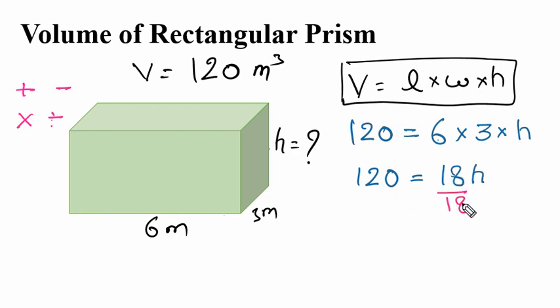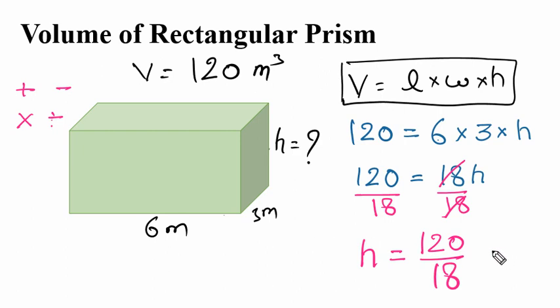Here, if you divide by 18, you will divide the other side also by 18. So 18 and 18 are cancelled. 120 over 18. So the height is equal to 120 over 18 meter cube.